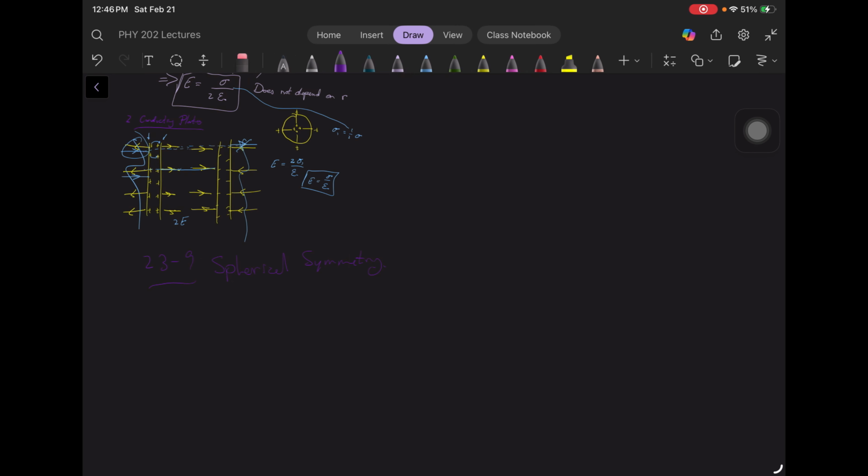Let's wrap up Gauss's law real quick with spherical symmetry. So what we're going to try to do is use Gauss's law to verify the shell theorems.